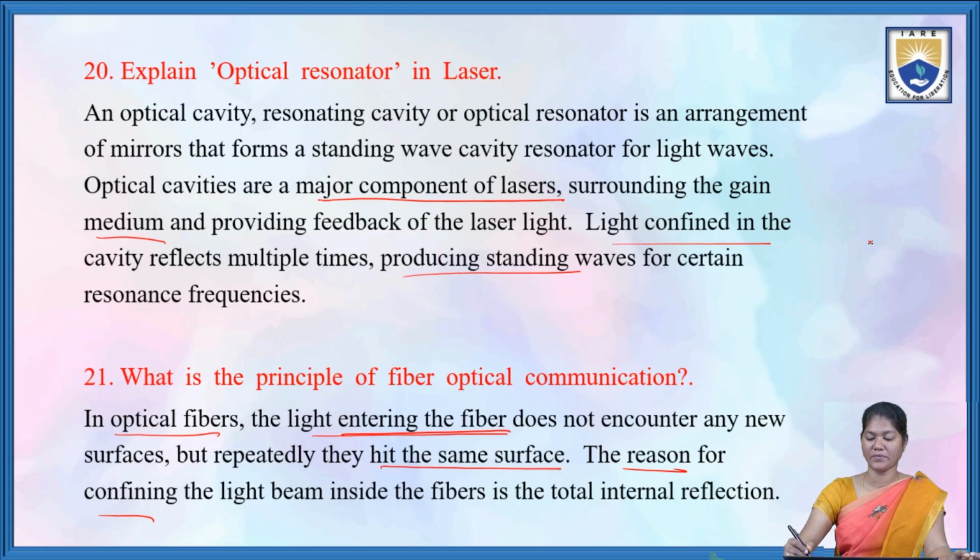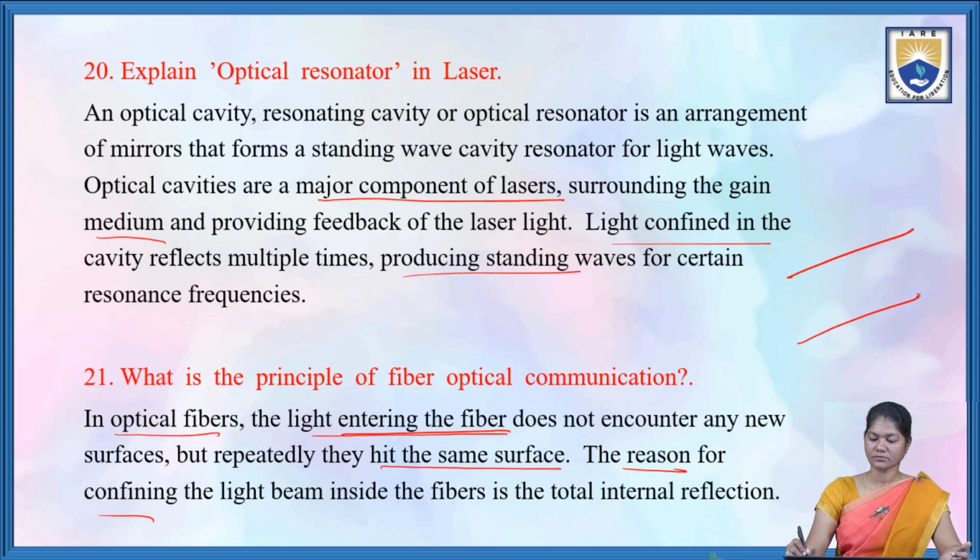That is, when the incident angle is greater than the critical angle, the incident light encounters the surface of the core and gets reflected totally into the same medium, so that multiple reflection takes place in the optical fiber.